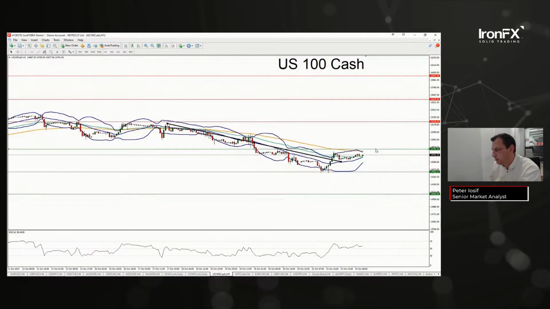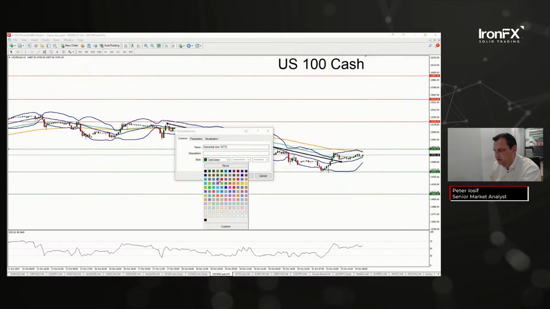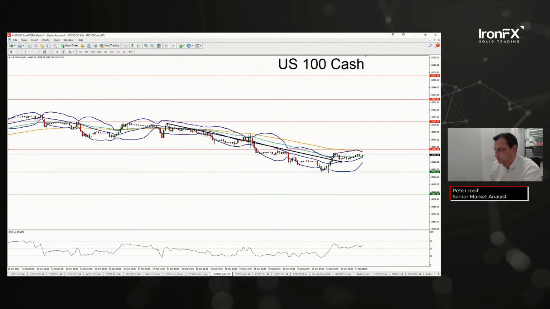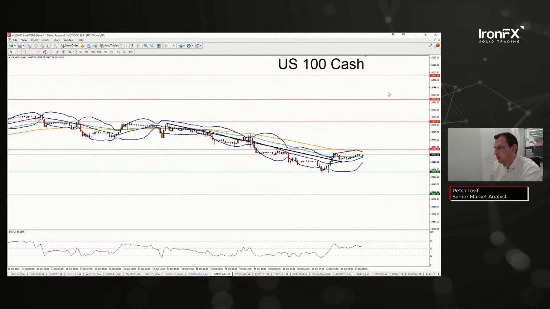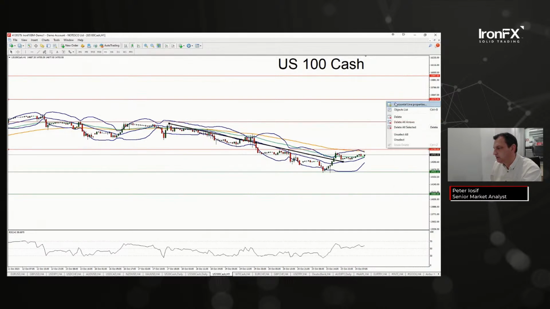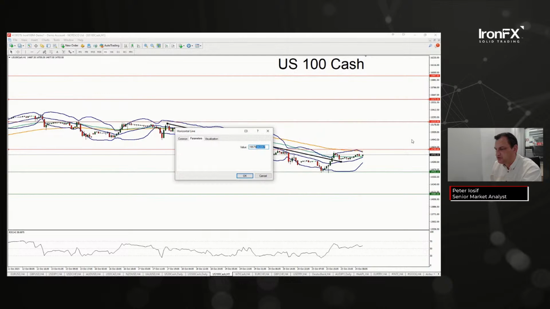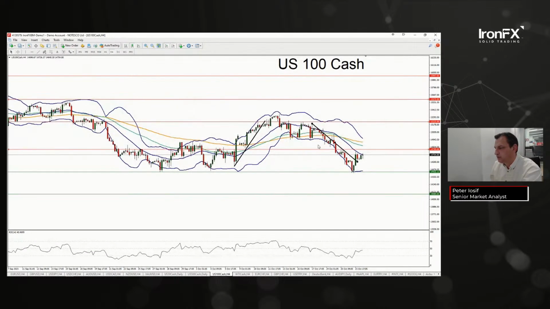It has broken below the 14,790, which has to be placed in red now. 15,225 remains, and 15,575 remains as well. Back to the forward chart. Okay.